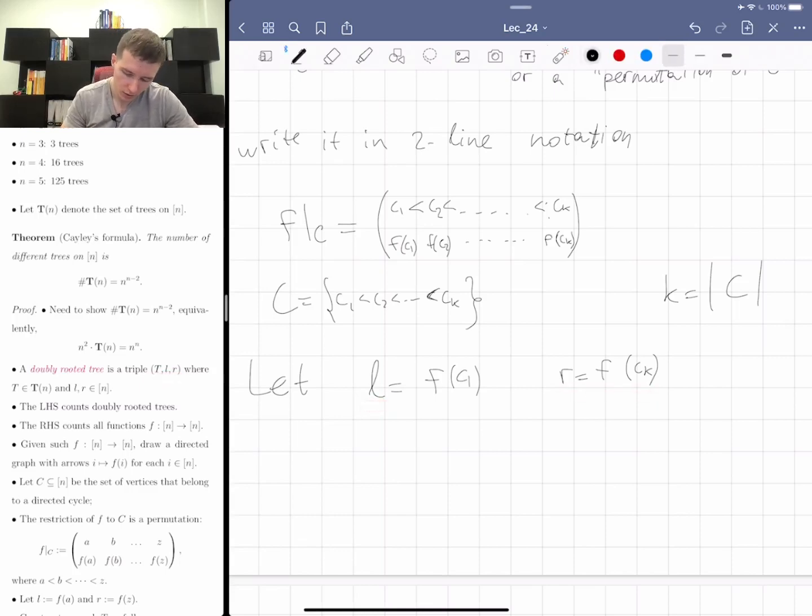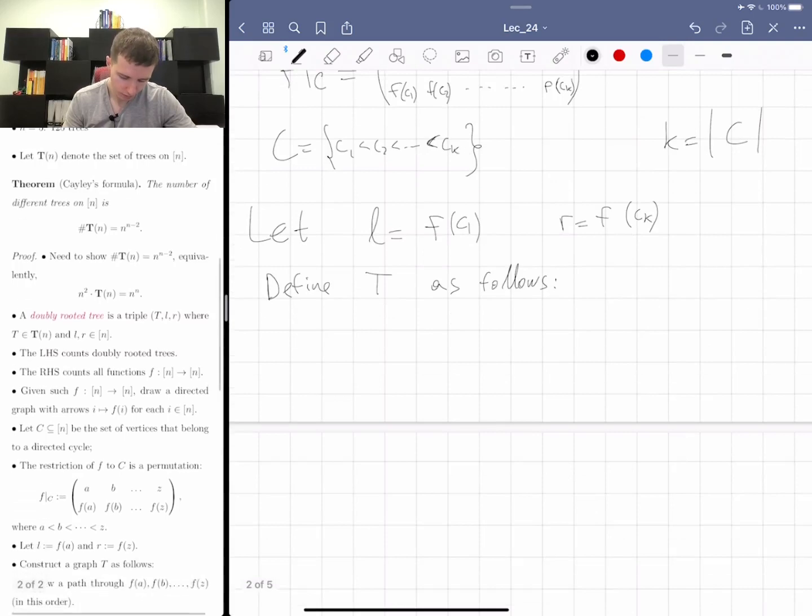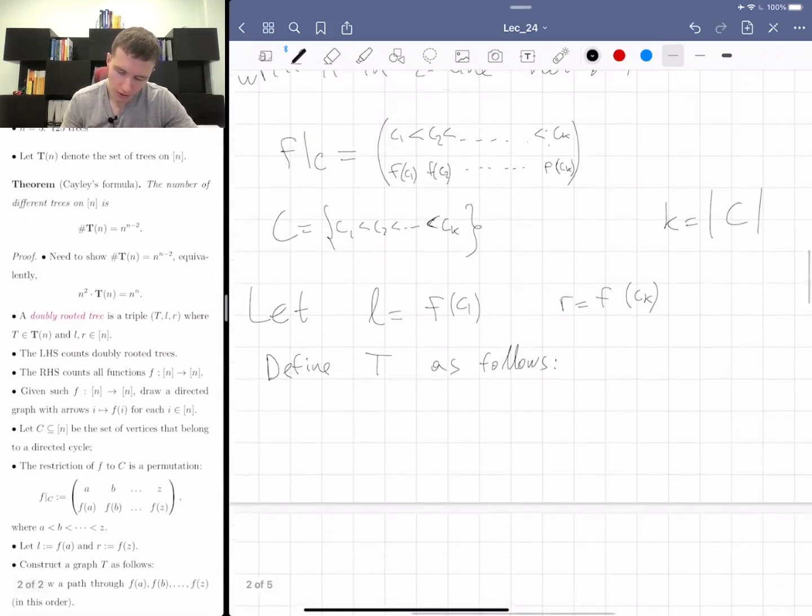And finally, how to define T? Well, I'm going to do it as follows. Here's the idea.